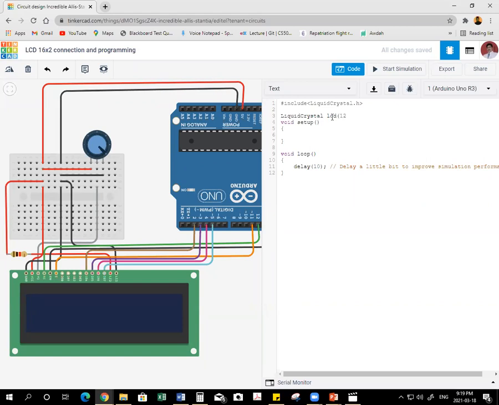12th pin is connected to the register select. 11th pin is connected to the enable, and we have connected 2, 3, 4, 5 pins to the data pins.